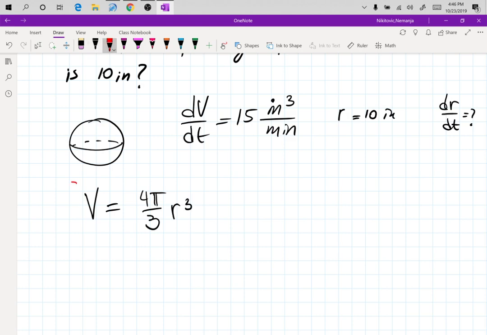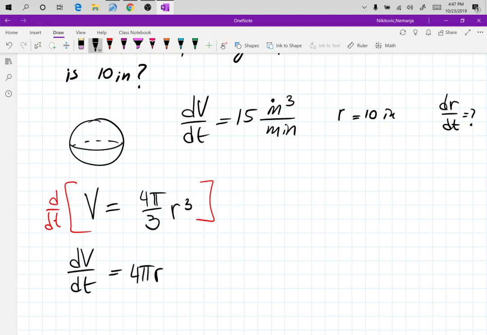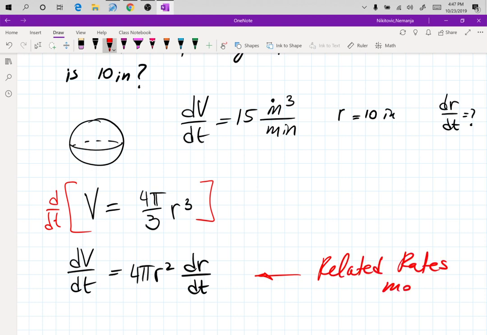We are going to differentiate that and have dV dt is equal to 4 pi r squared dr dt. This is your related rates model. You have the rate of change of volume connected to the rate of change of radius.